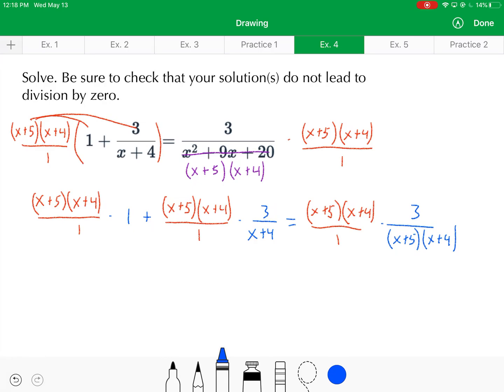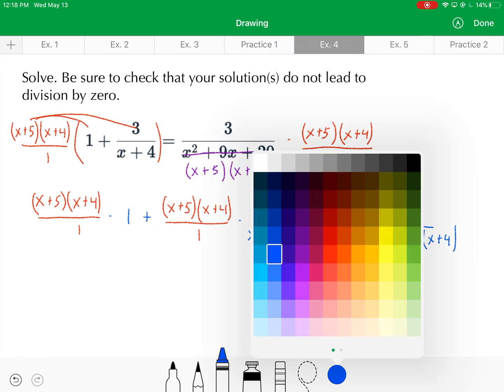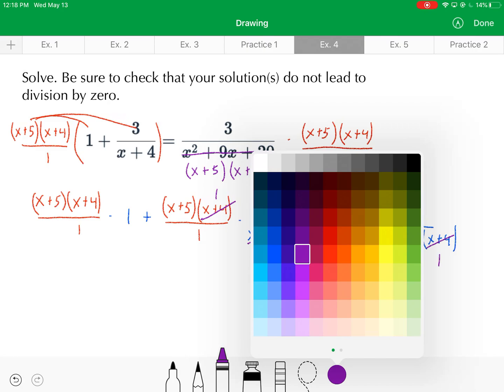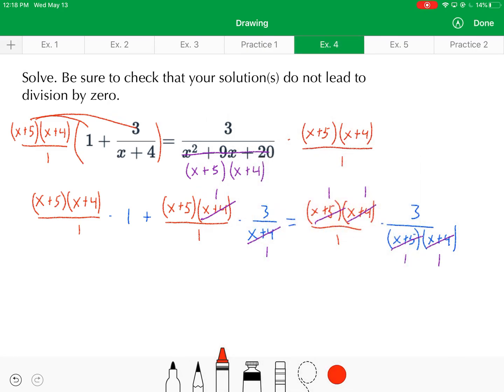Okay, so now we reduce what we can. Those will become 1s, those will become 1s, and those will become 1s. Okay, so what we're left with here is x plus 5 times x plus 4, right? Because that times 1 is still x plus 5, x plus 4.